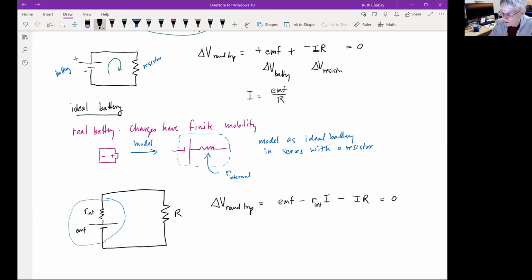And so what we'd really get is that the current is equal to the EMF divided by the sum of the internal resistance of the battery plus the resistance of the resistor.